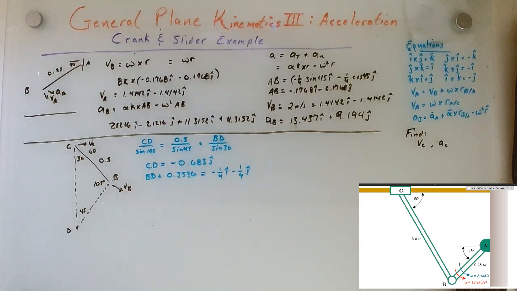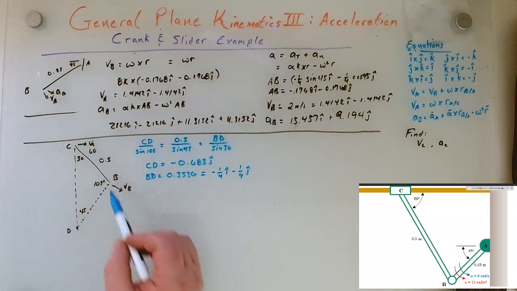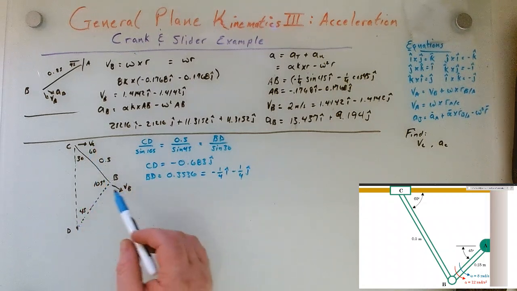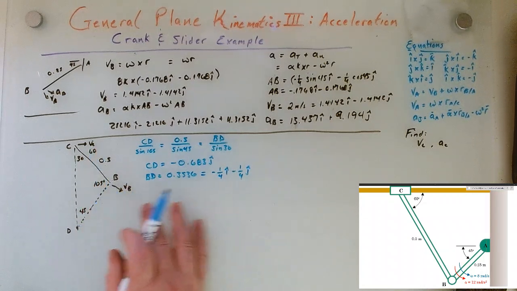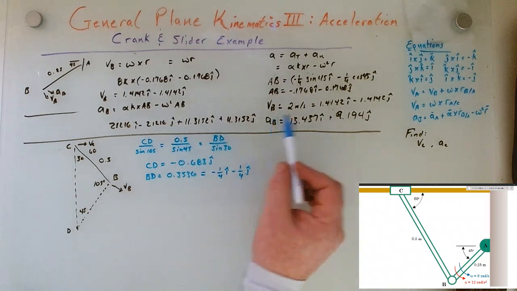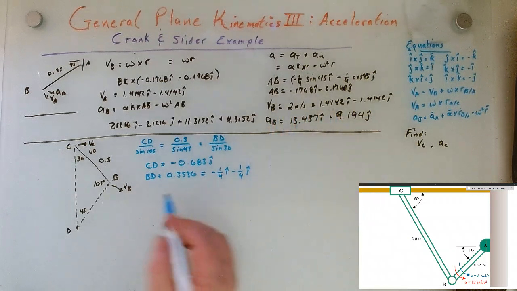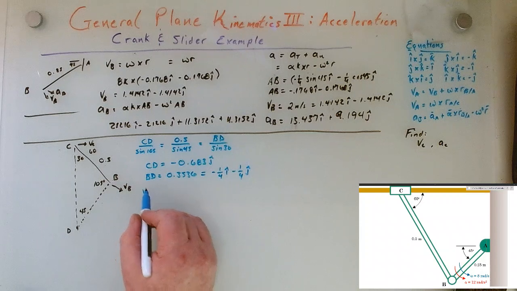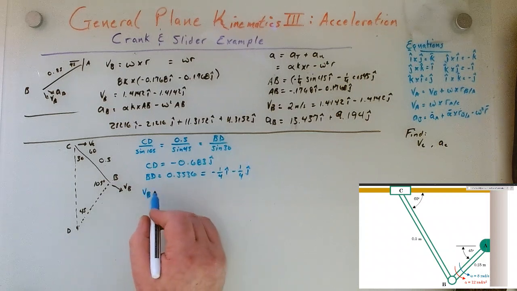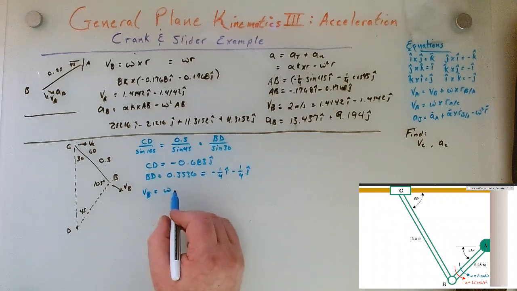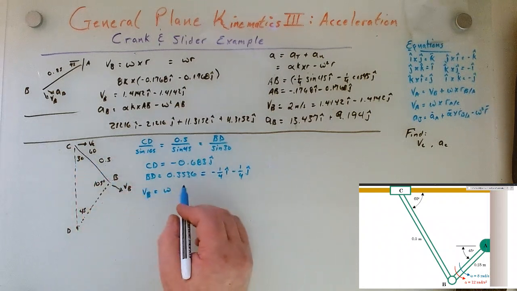Now what we're going to try to do is get v sub c based on this v sub b that we already know. We already have it here. So v sub b is equal to omega cross r. I'm just going to call it omega here.